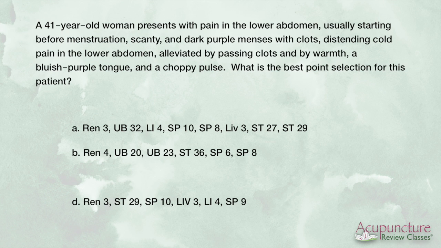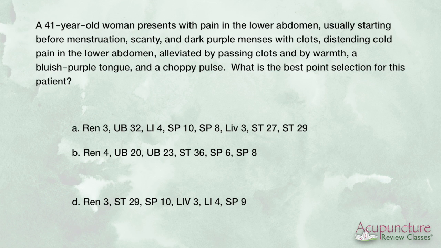Now, I know that dysmenorrhea, according to Chinese acupuncture, is 2 syndromes. One is excess and one is deficiency. So I'm looking at this, and because it's dark purple menses with clots, I'm thinking this is excess.